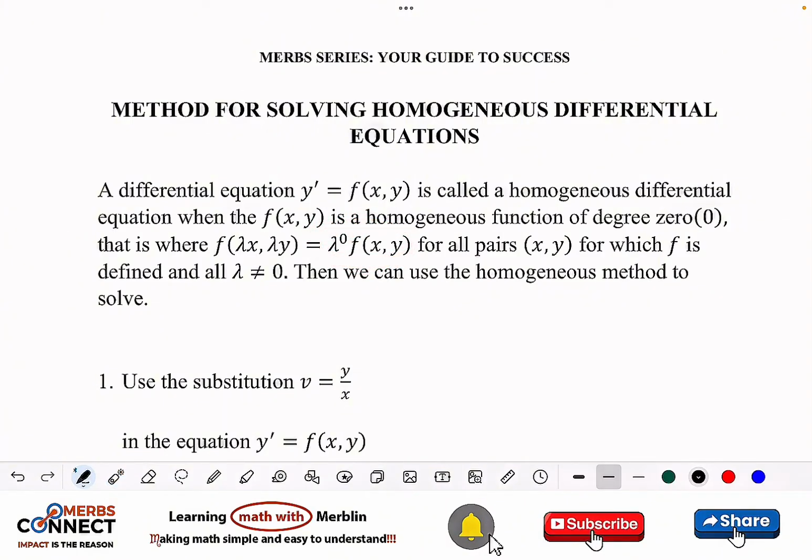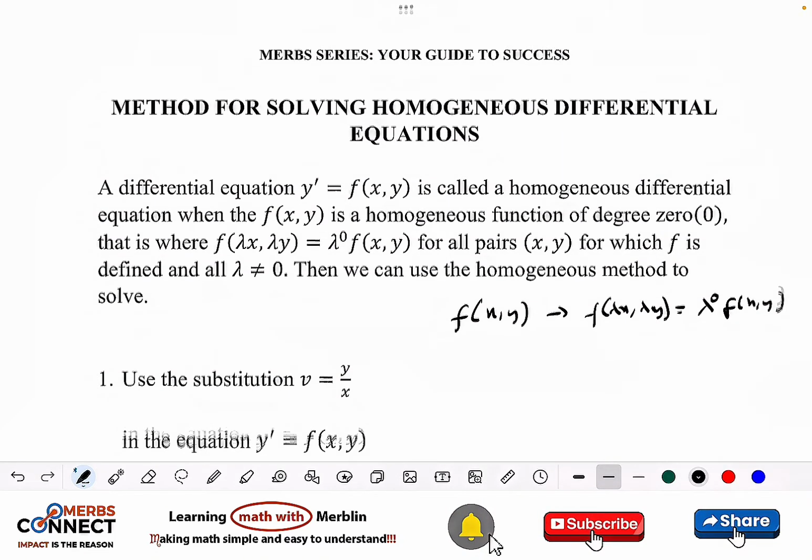For us to use the homogeneous method, if I have a function f of x, y, and I plug in lambda x, lambda y, then after doing everything, the function should be lambda to the power 0 times f of x, y, before I can use the method.